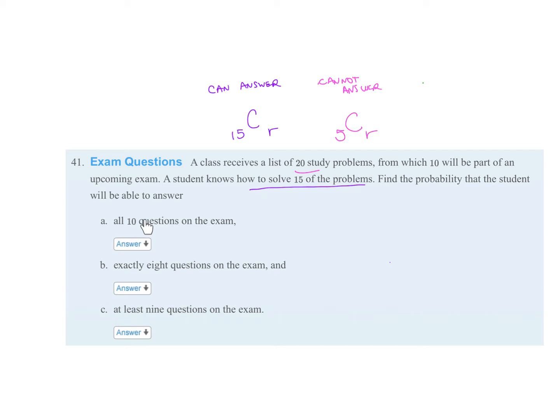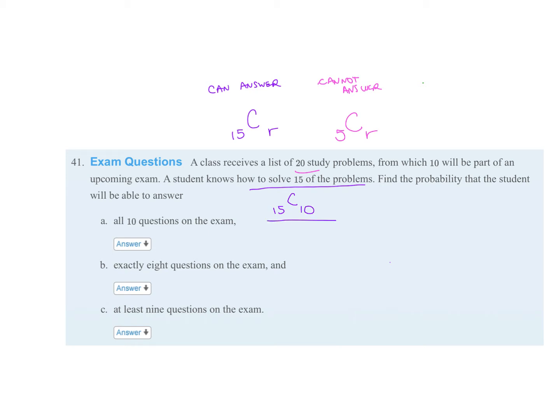So what is the probability that the student can answer all 10 questions on the exam? The first one is going to come from this first part where the student can answer all 15. So the 10 is going to come from this 15. All 10 questions, meaning that the professor chose all 10 that the student can do.